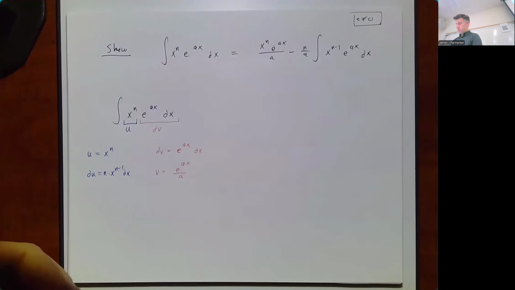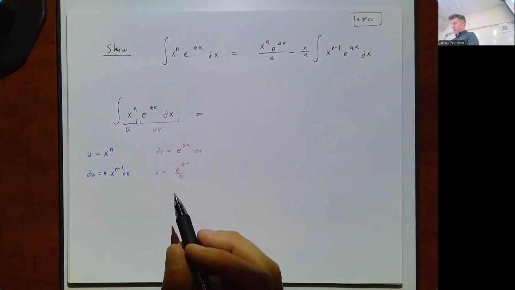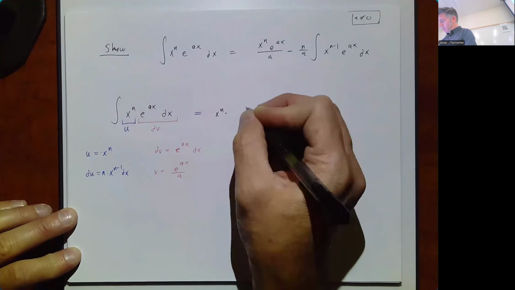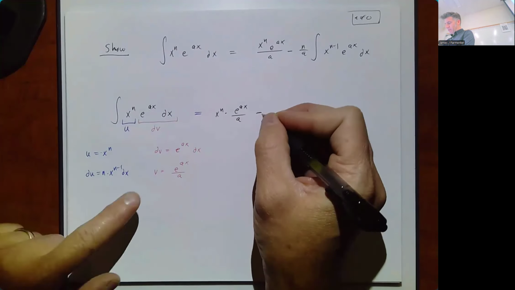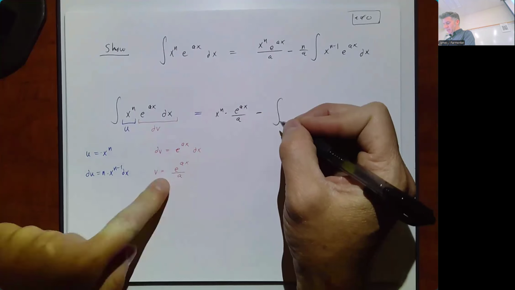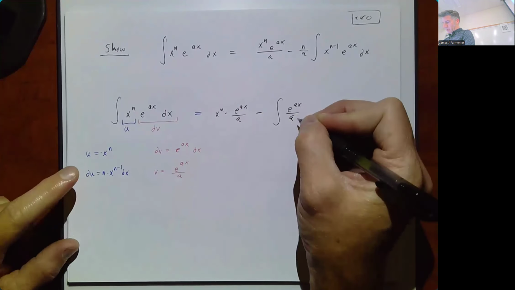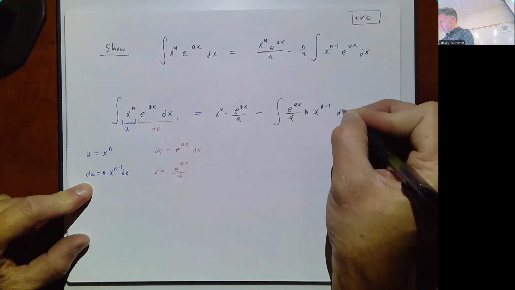Then using the usual formula for integration by parts, it's u times v, which is x to the n times e to the ax over a, minus the integral of v times du, which is e to the ax over a times n times x to the n minus 1 dx.